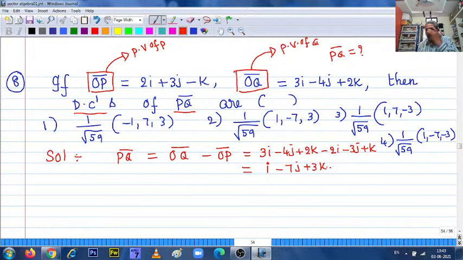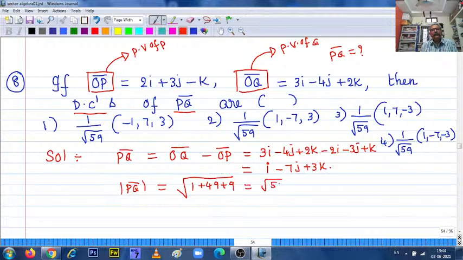Okay, now in order to find direction cosines, you need to find the unit vector. That's the concept. So find mod of PQ bar. That is equal to under root of i coefficient is 1, 1 square is 1, j component is minus 7, square is 49, plus this is 9, 3 square, root 59.